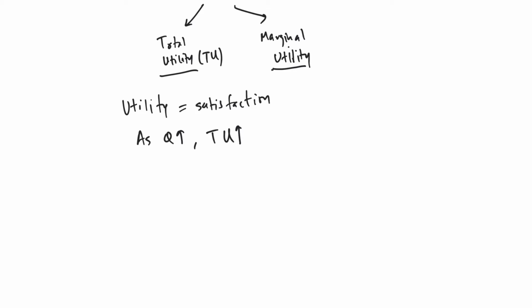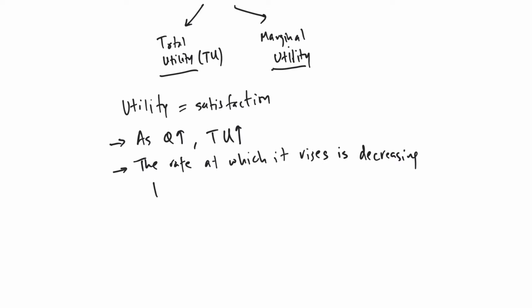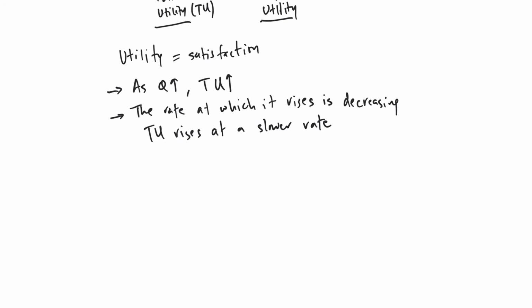But we also believe this, that the rate at which it rises is decreasing. In other words, TU rises at a slower rate. Why does it happen? Let's talk about it in 1 minute.